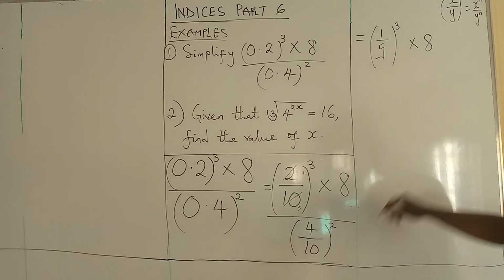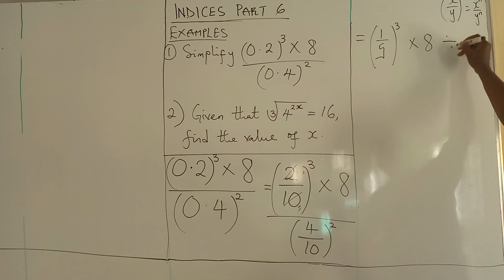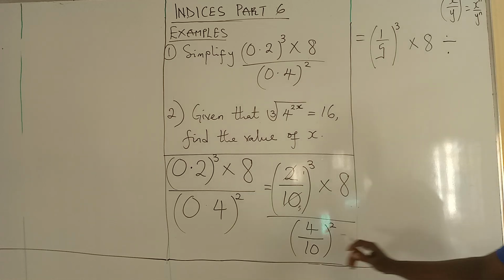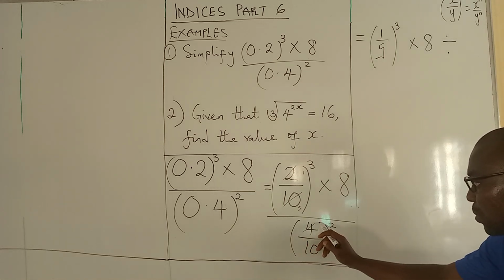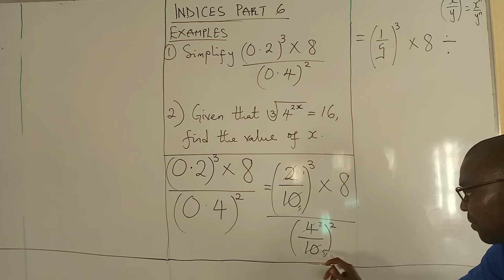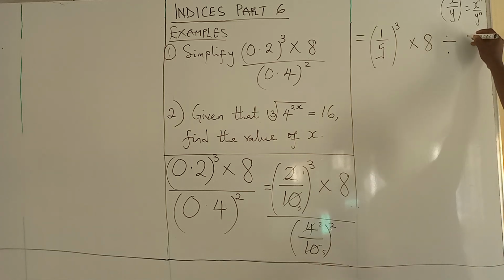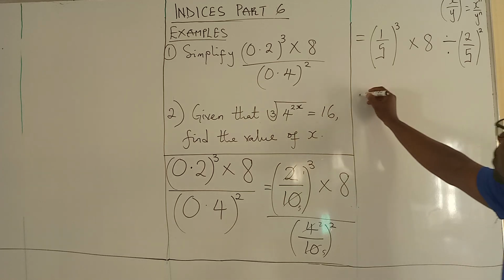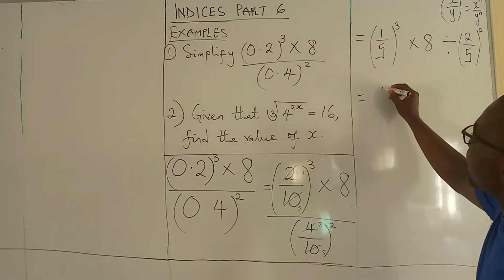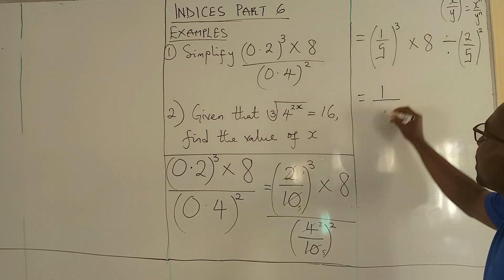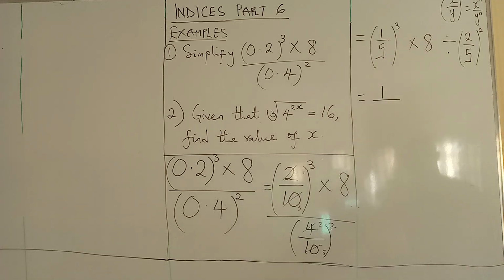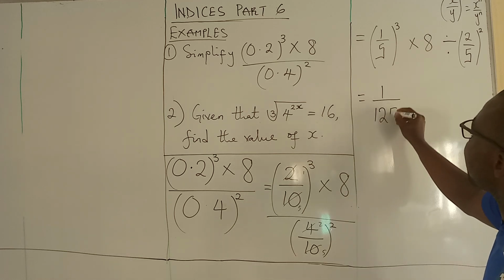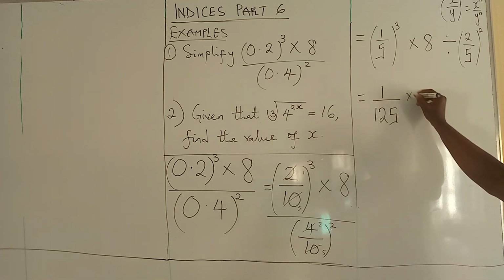Of course, this means divided by. I can still reduce this, 2 here 2, 2 here 5. So divided by 2 over 5 raised to power 2. And so this will become 1 raised to power 3 is 1. 5 raised to power 3 is 5 times 5, which is 25, times 5. That will give you 125 times 8.